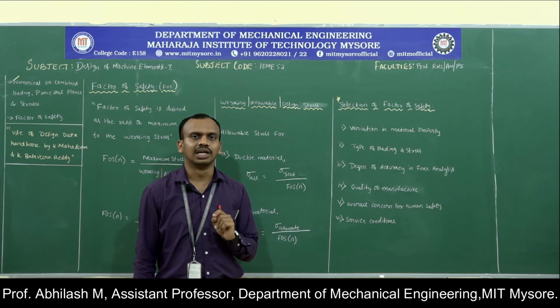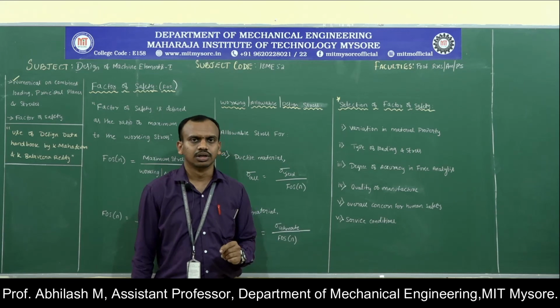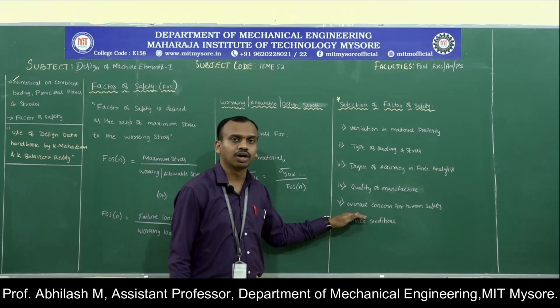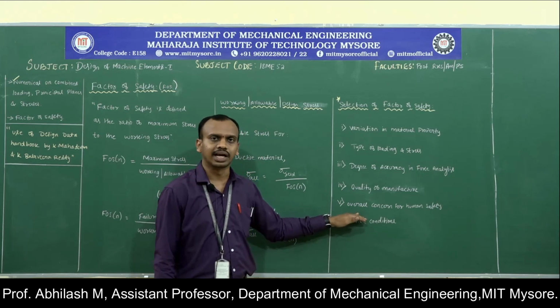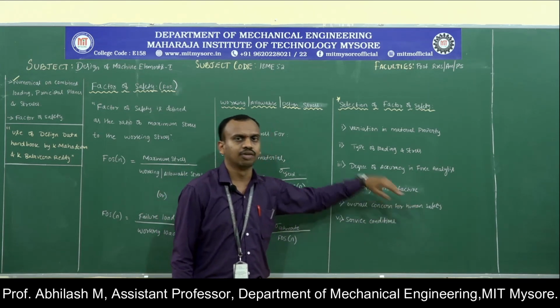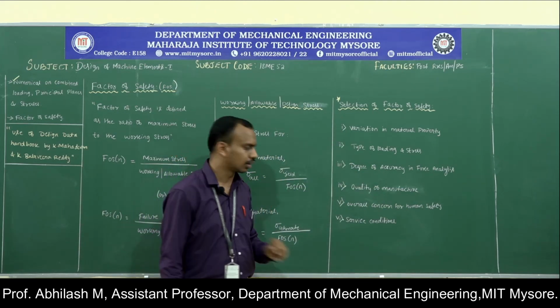So while designing pressure vessels, boilers, hoist drums, and cranes, we should ensure that a higher factor of safety value is taken. Depending upon the human safety requirement, the value of factor of safety should be decided.